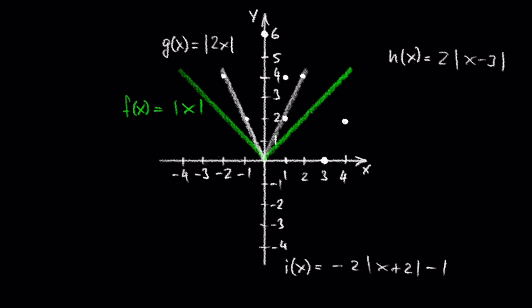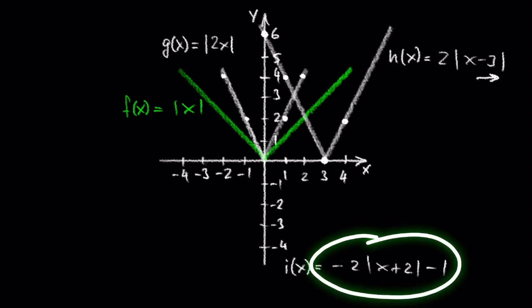And we already see what the graph looks like. As we learned in our previous videos, the negative 3 shifts the graph to the right. And the 2 in front of the absolute value stretches the graph.